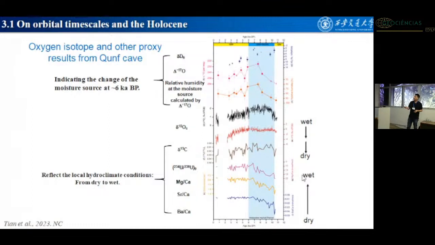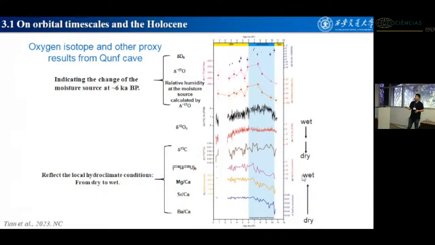And in our group, Tian analyzed other proxies, like the fluid inclusion and Δ17O, δ13C, U/Ca ratio, and also trace elements. All other proxies show that for the early Holocene, it's dry.